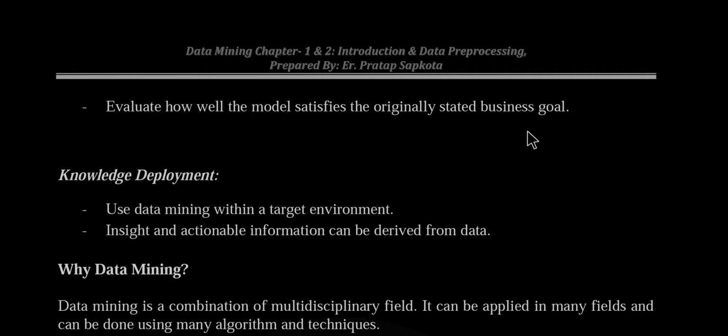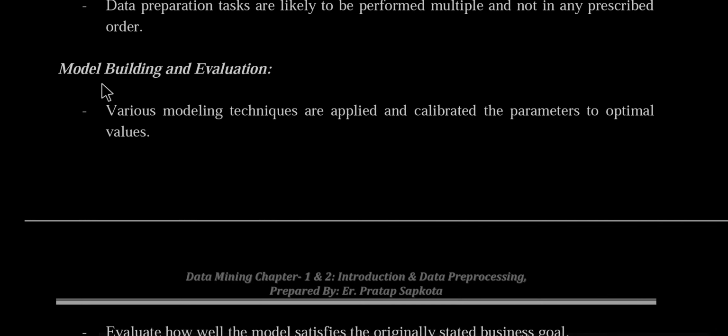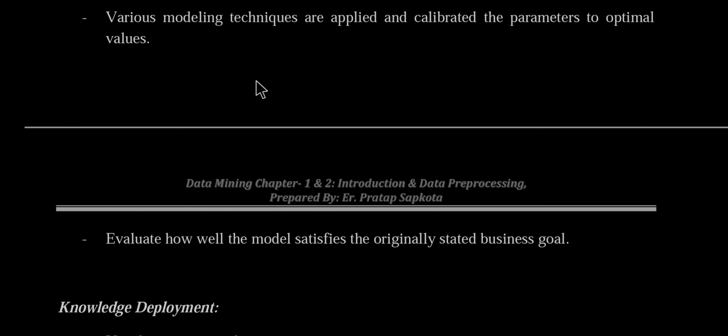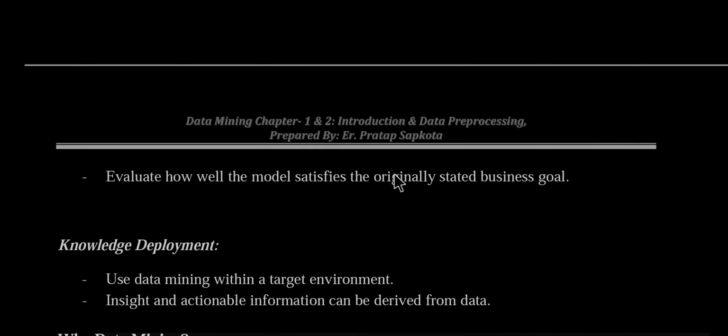In the first phase we stated our business goals, so we will test how much the model satisfies our originally stated business goal. So simply, model building means implementing different modeling techniques to build the model, and model evaluation means testing how much this model satisfies the originally stated business goal.